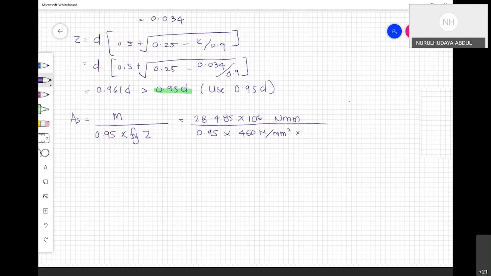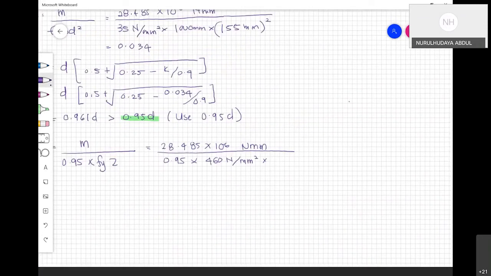And then the Z is 0.95 darab dengan D. D kita 155 mm. Nurul Hafizah, 442.669. Okay. Thank you, betul. Our AS is 442.669 mm square.